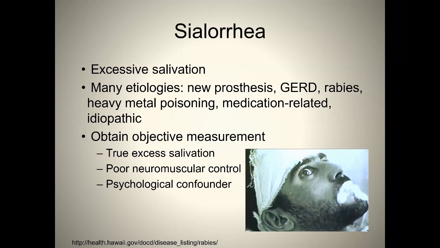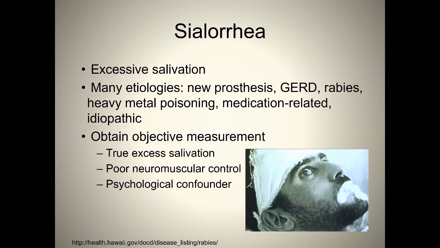You have to prove that the patient has true excess salivation, and you have to rule out poor neuromuscular control. Now, if the patient has a neuromuscular degenerative condition, they may be drooling simply because they can't support their facial muscles. If they can't support their facial muscles, then the saliva may accidentally come out of their mouth.